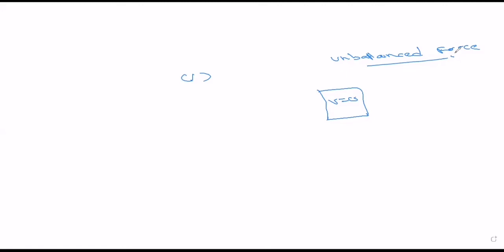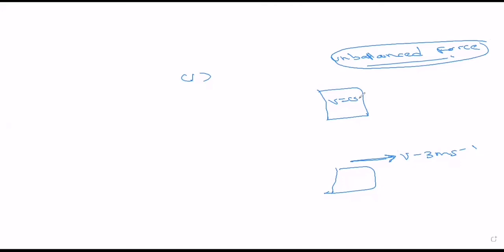Also think there is another object. Think this object is moving with a velocity of 3 m s^-1, for example. The first object is at rest, that means it is stationary. Here I am saying this other object is moving with a velocity of 3 meter per second. Now in case I give an unbalanced force, think I am going to give them 4 Newton.